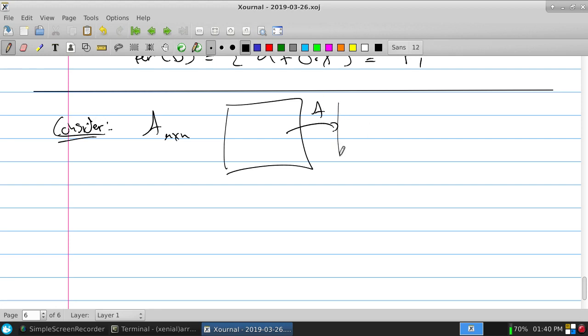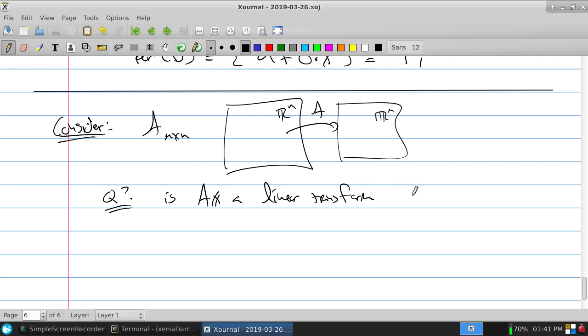I multiply by A, it takes this Rn, it spits out an Rm, and kind of the question is, is Ax a linear transform? And let's call it, say, L of A, which is mapping Rn to Rm. So it's moving stuff. It is a transform. But is it going to be a linear transform?